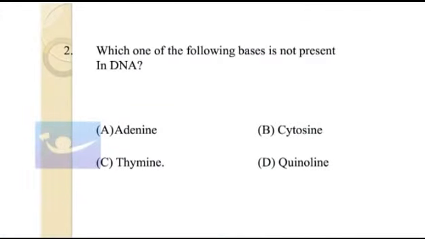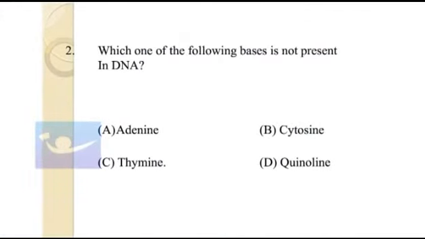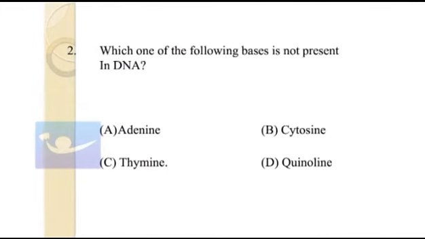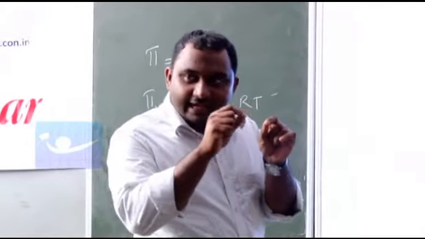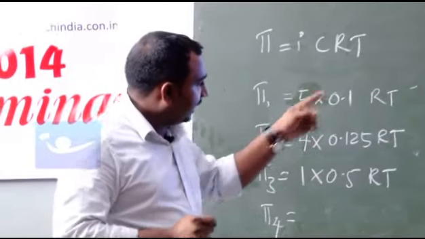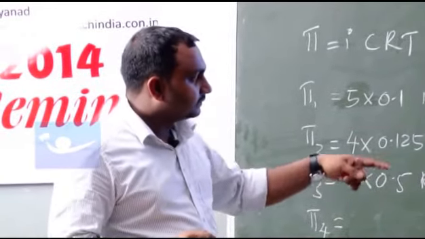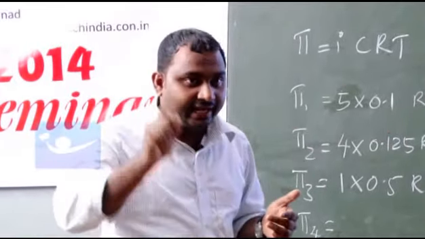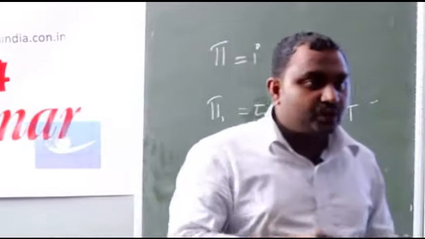D option. Next, which one of the following bases is not present in DNA? The bases present in DNA could be remembered by ATGC. What is ATGC? Adenine, thymine, then G for guanine, and you may confuse it with quinoline.